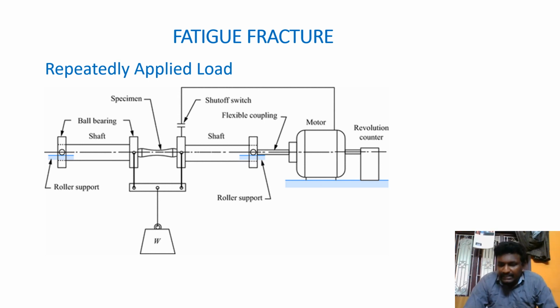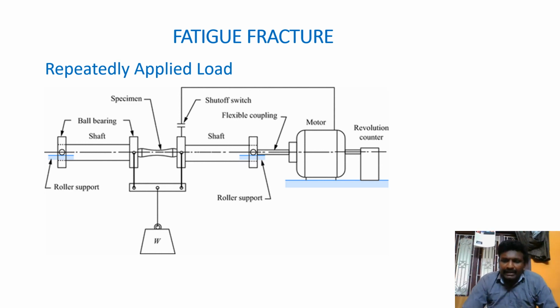All the time you are not sitting in the chair. When you are sitting, the load is applied on the chair; when you go, the load is free. Suddenly one day the chair breaks. That fracture we call fatigue fracture.